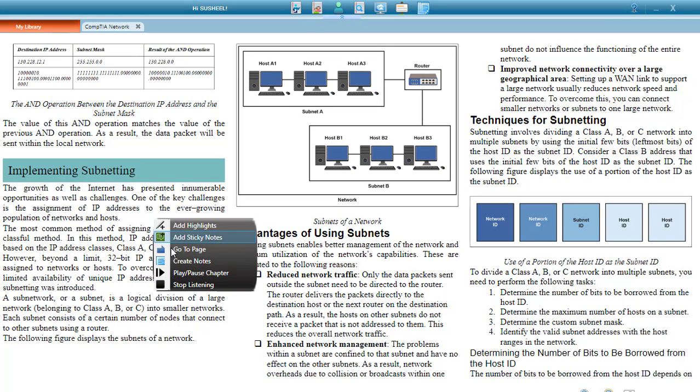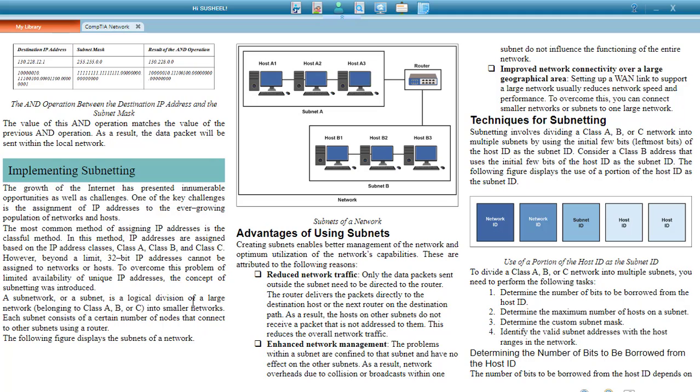In this method, IP addresses are assigned based on the IP address classes, Class A, Class B, and Class C. However, beyond a limit, 32-bit IP addresses cannot be assigned to networks or hosts. To overcome this problem of limited availability of unique IP addresses, the concept of subnetting was introduced.